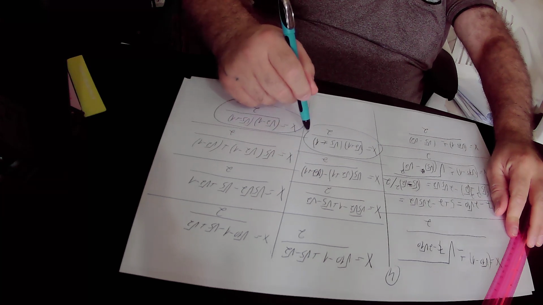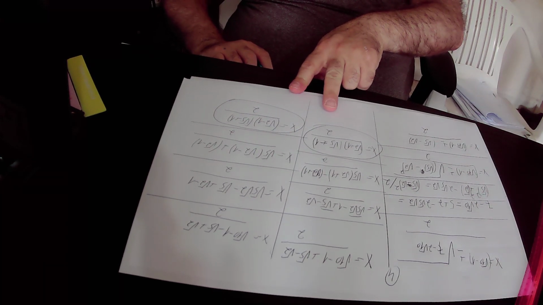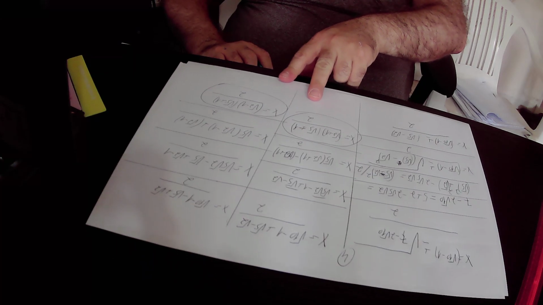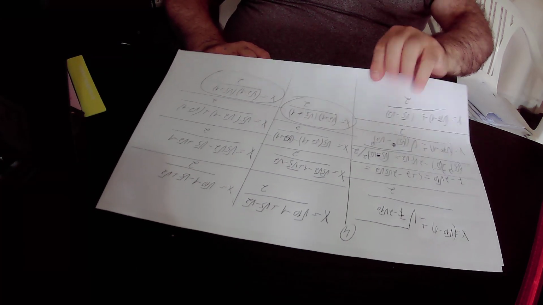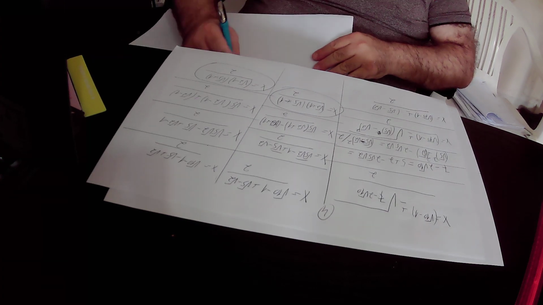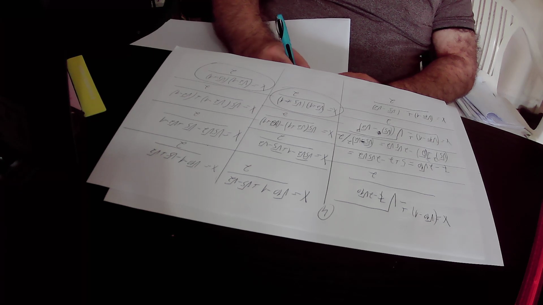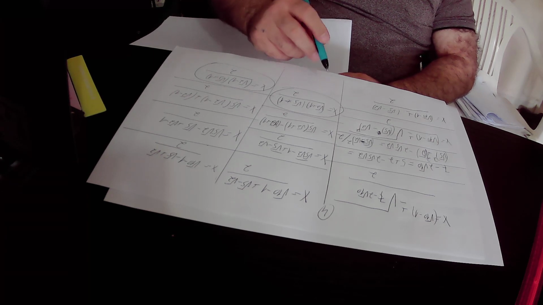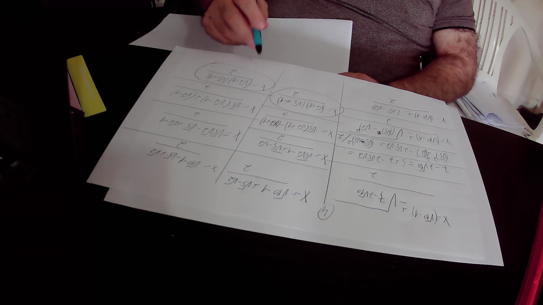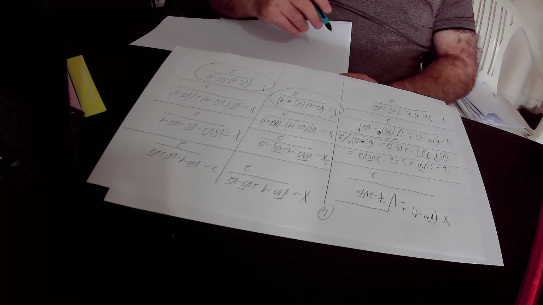x1 and x2. We will multiply the two solutions by each other. It is actually x1 and x2 because they are the two solutions for the quadratic equation.